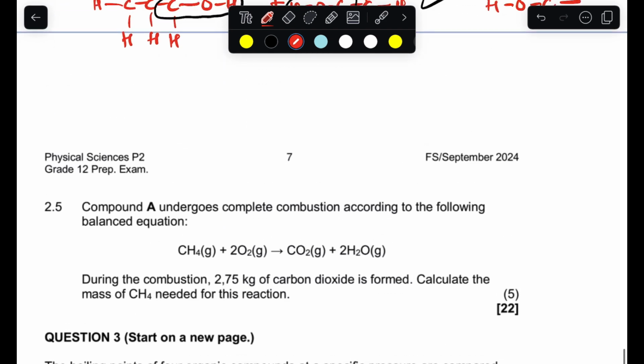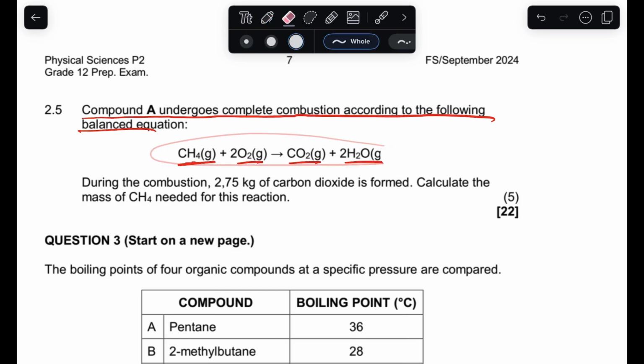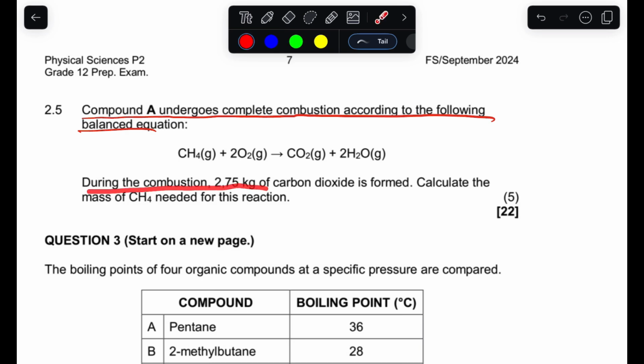Okay, 2.5. Now it says here compound A undergoes complete combustion according to the following. Compound A was methane here. It reacts with oxygen, it gives carbon dioxide and water. This is the combustion reaction, right? So it says during the combustion 2.75 kilograms of carbon dioxide is formed.